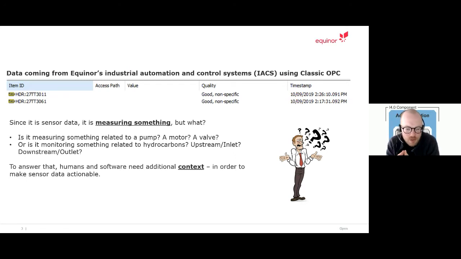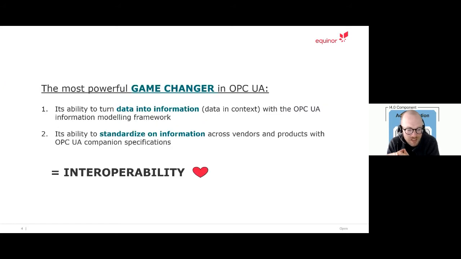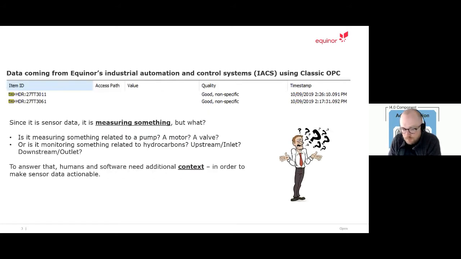But for many people and subject matter experts in the business and support centers onshore, this simple data doesn't make much sense, actually. So we see that both humans and software need additional context in order to make this sensor data actionable. And so sensor data combined with the right context is giving us the information that we can start to act upon.